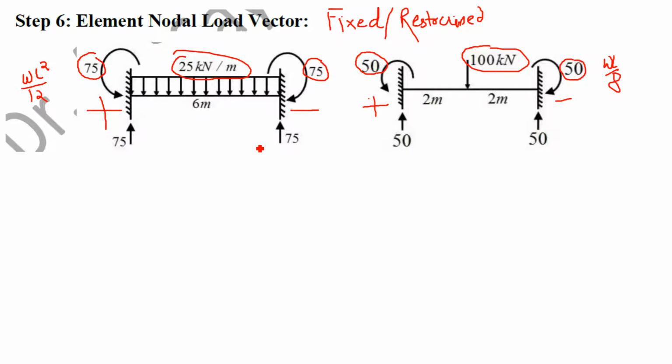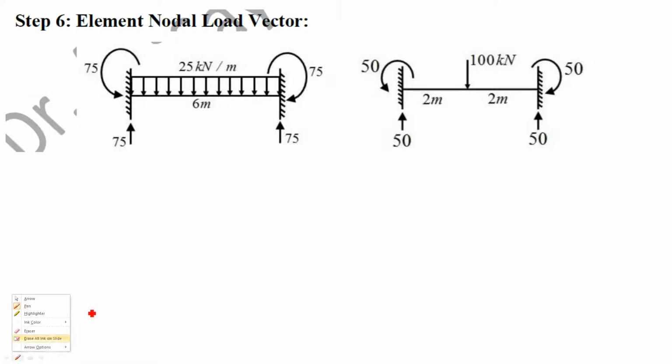Now we have to find the reactions. Reactions can be calculated in two parts, which we have already discussed in the previous structure approach. So reaction is calculated in two parts, that is, reaction due to external load plus reaction due to moment. Reaction due to external load is very simple. 25 is the UDL multiplied by 6, that is 150 acting at the center.